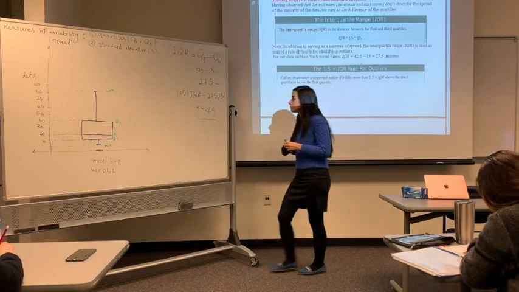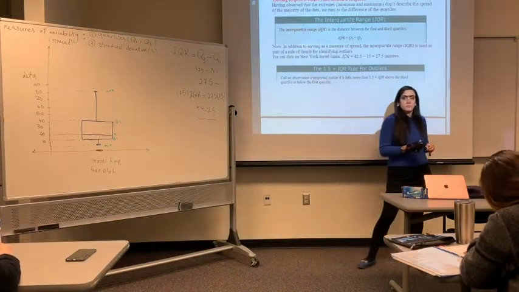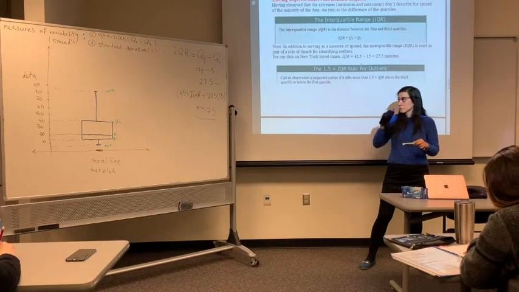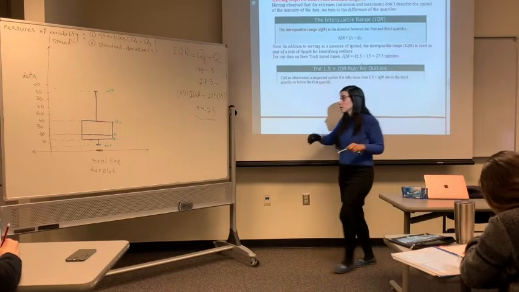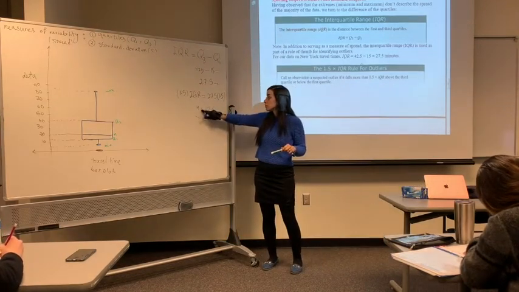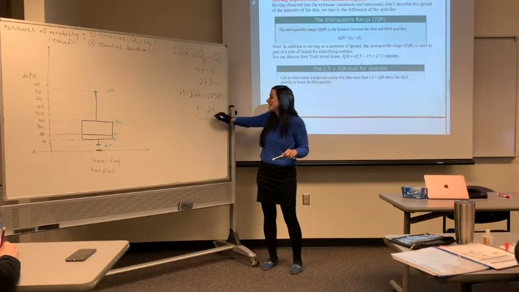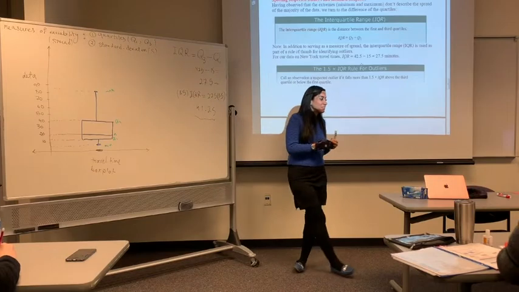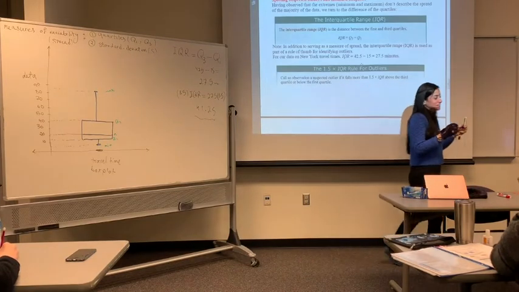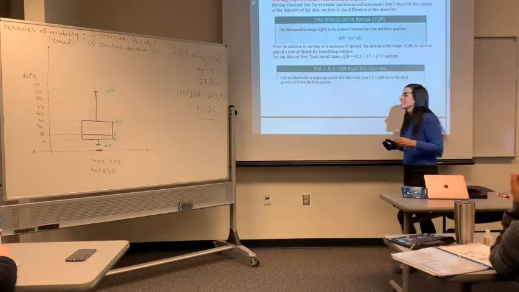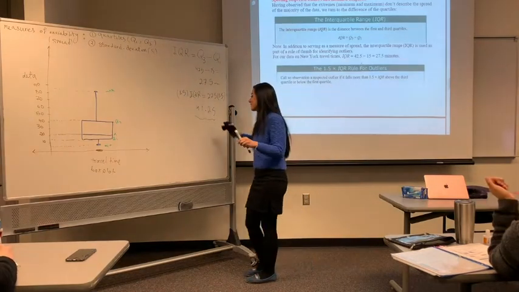Correct? All of you? It's 41.25. Did you calculate with phone? Oh. Yeah, my phone always gives me the wrong answer for some reason.